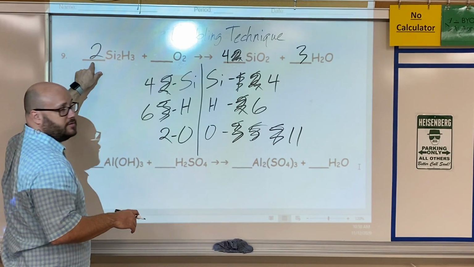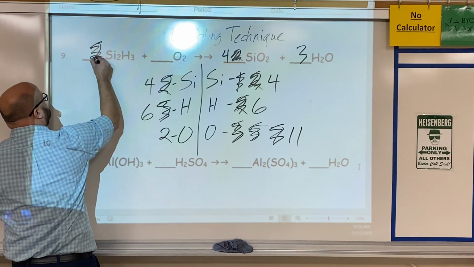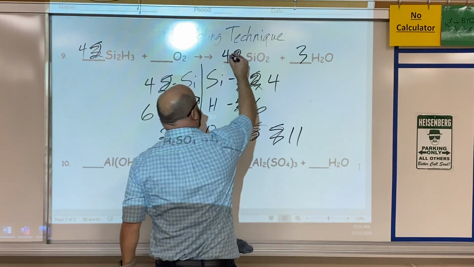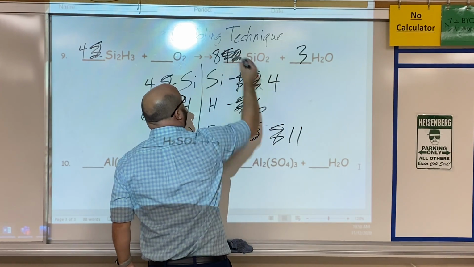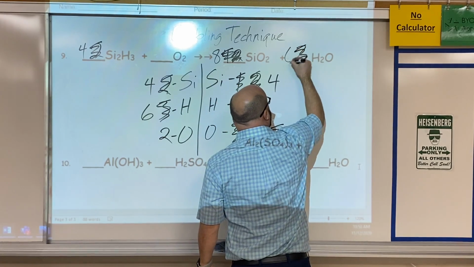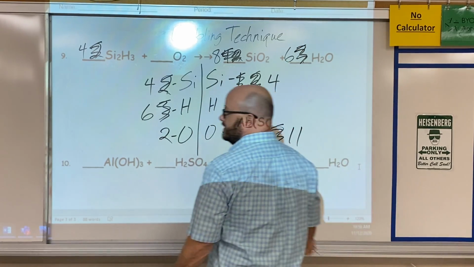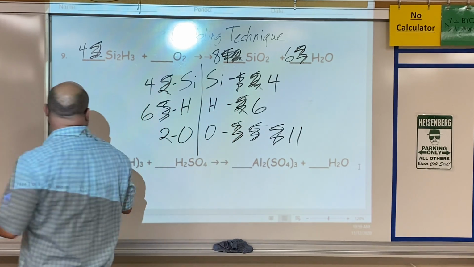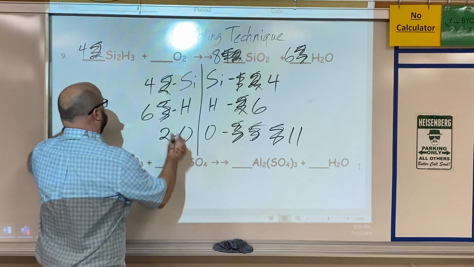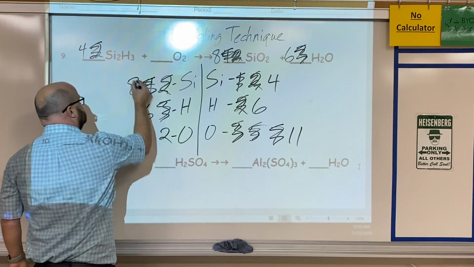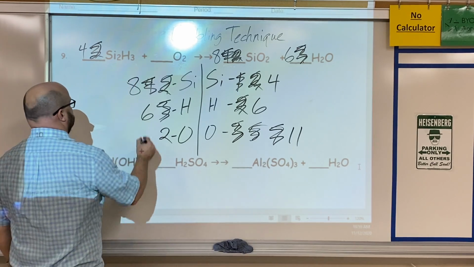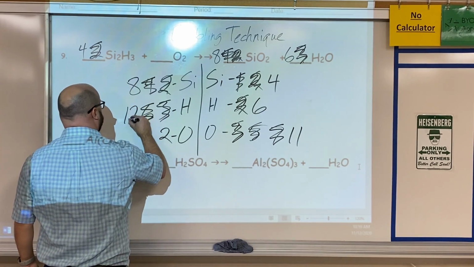So this 2 now becomes a 4. This 4 now becomes an 8. And this 3 now becomes a 6. Now we're going to go back and recalculate everything. 4 times 2 silicons is 8. 4 times 3 hydrogens is 12.